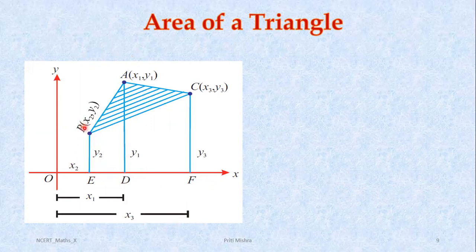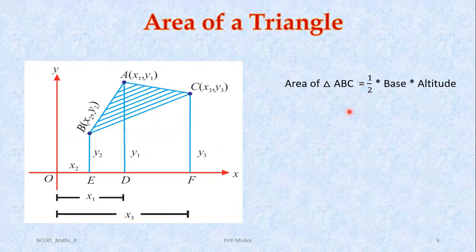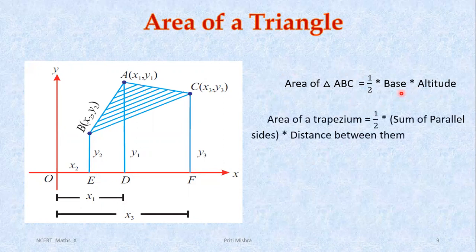AD is y1, BE is y2 and CF is y3. As you know well, the area of triangle ABC is equal to half into base into altitude. And we will use the area of a trapezium also. So for the area of a trapezium, we have half into the sum of parallel sides into the distance between them.